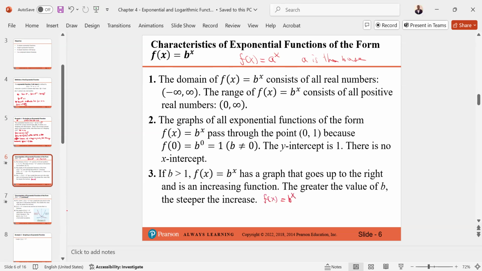So for any function f of x equals b power x, we know there are 3 points passing through the graph.